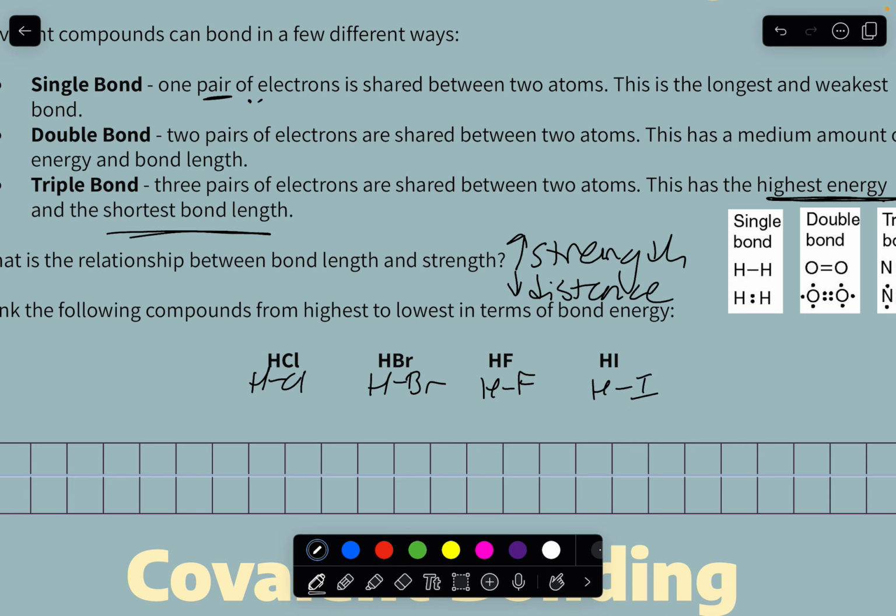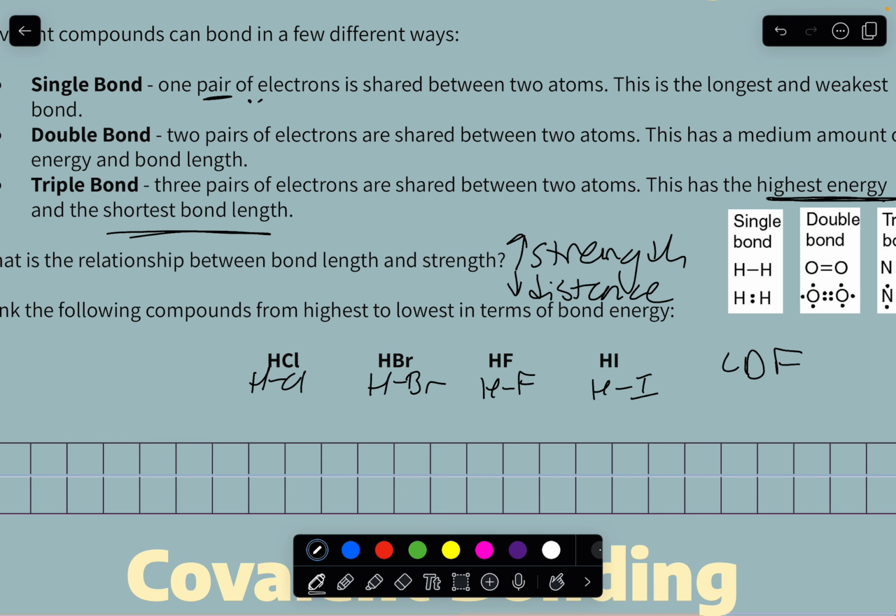These are all single bond compounds. They're all covalent compounds. Remember, let's look at some intermolecular forces. For HCl, HBr, HF, and HI, they're all 2 different atoms, so they all have London dispersion forces because it's covalent.